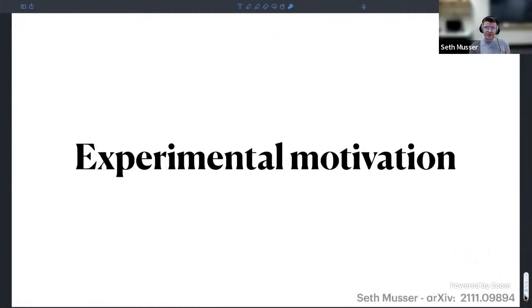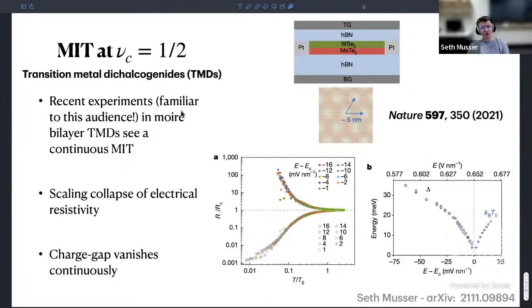And why might we do this? I'm going to just kind of wink at experimental motivation here. There have been some recent experiments, really good stuff coming from Wigner-Mott's group. They've been working in moiré bilayer transition metal dichalcogenides. And at 1/2 filling, that's the kind of transition that you might expect to see here if you subscribe to Senthil's fractionalized theory.